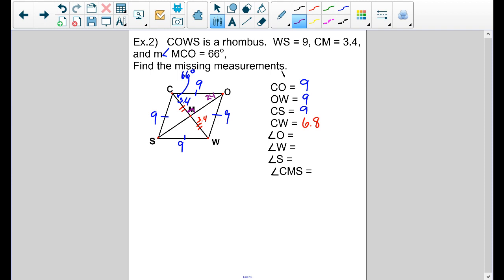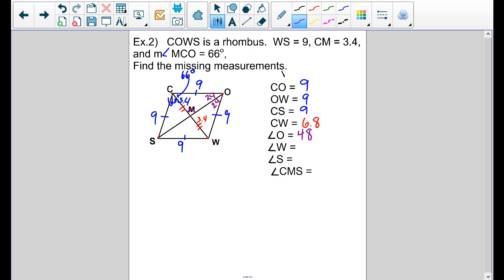If I bisect an angle, I'm cutting it in what? Two equal parts, right? So if this is 24, what's the other part? 24. If this is 66, what's the other part? 66. So what's 24 and 24? 48. So angle O is 48.